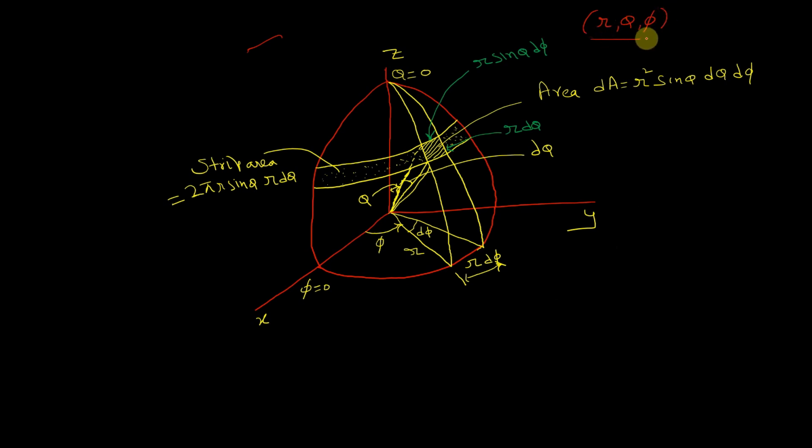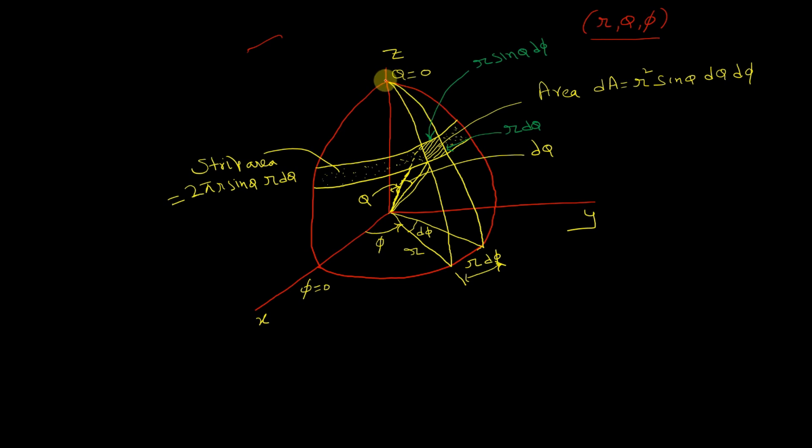If you have some problem with the spherical coordinate system, you can see my previous video on orthogonal coordinate systems. It explains in easy language and gives an easy method to understand the spherical coordinate system. So you can see that video.